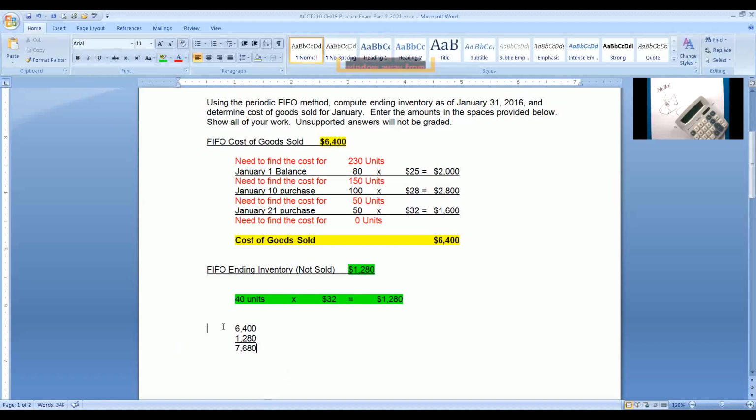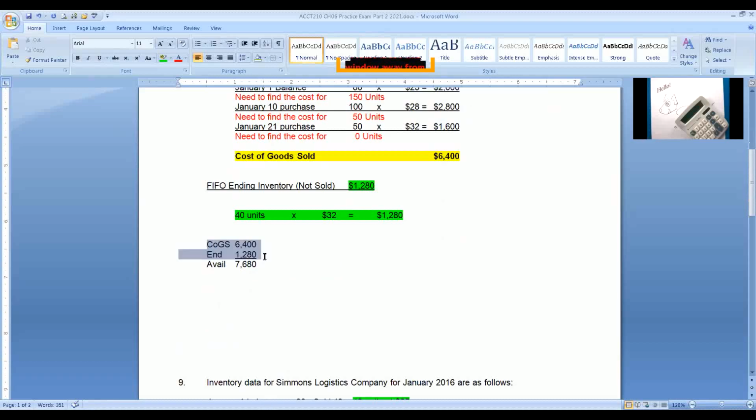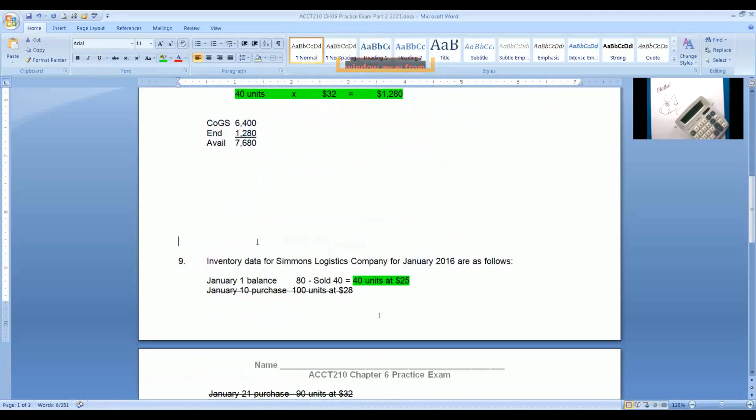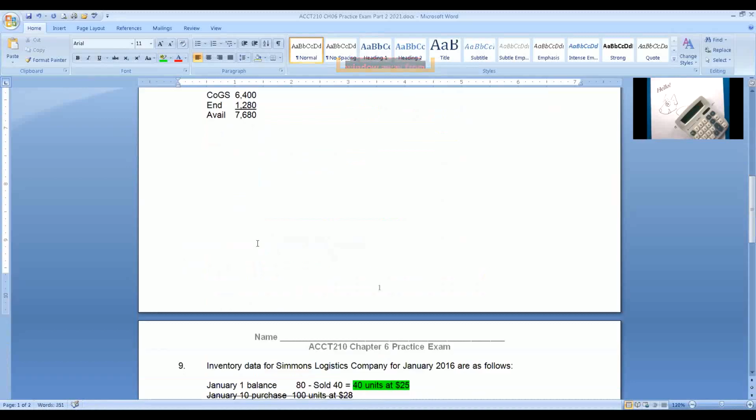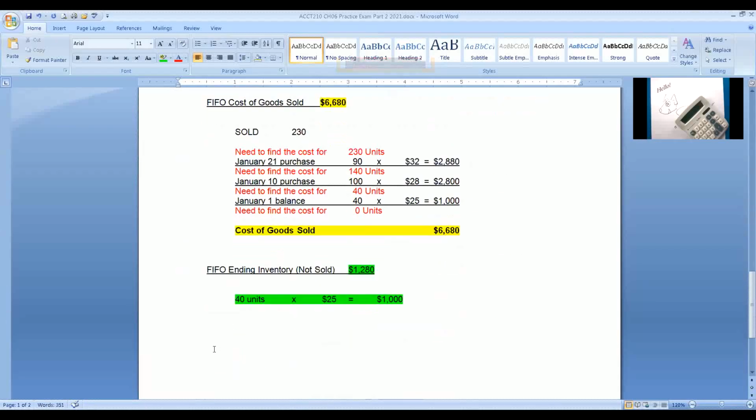So in total, those two should come out to be, and so this would be the available. Now it should also work for the other one. It should come out to the same amount if they're using the same. So cost of sold was 6,680.